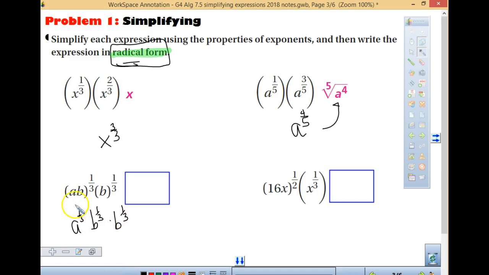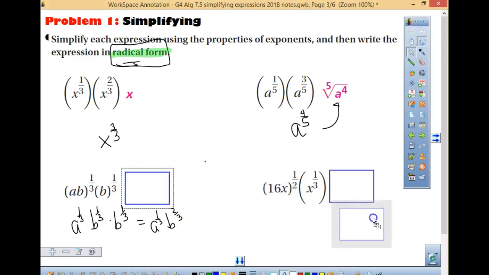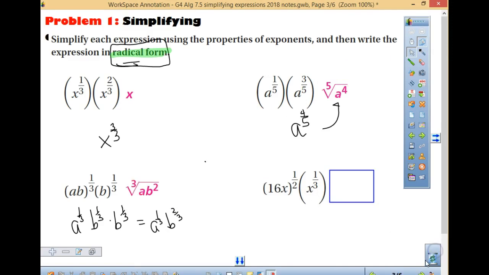The most common mistake is I'll have people tell me this answer is a and b to the 2/3. So right now we know we have a to the 1/3 and b to the 2/3. We want to write it in radical form, which simply means we want the cube root of a and b to the 2nd.